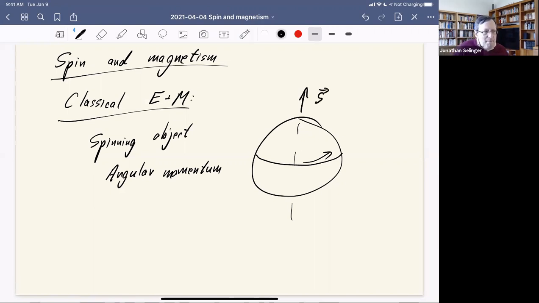That means that, if you use the right-hand rule, if your thumb is along that vector, then your fingers show which way the object is spinning. Now, if the object has electrical charges, so suppose there's a whole bunch of charges all through the object, then it also has a magnetic dipole moment.